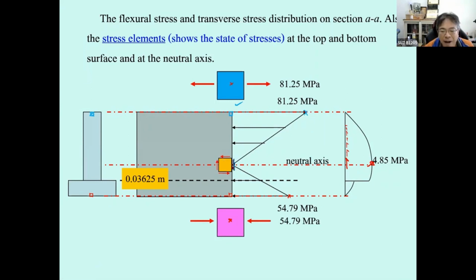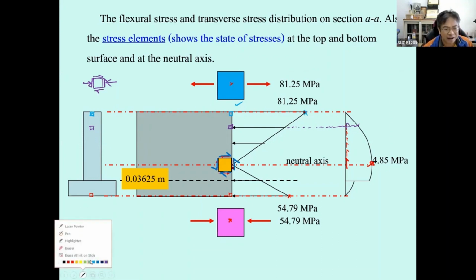This one must be upward, and this one must be in this direction, and in this direction, and in this direction. And then if you just prefer to find the stress at this point, it's going to be in compression, and also the normal stress over here. So this is going to be the stress at this point.